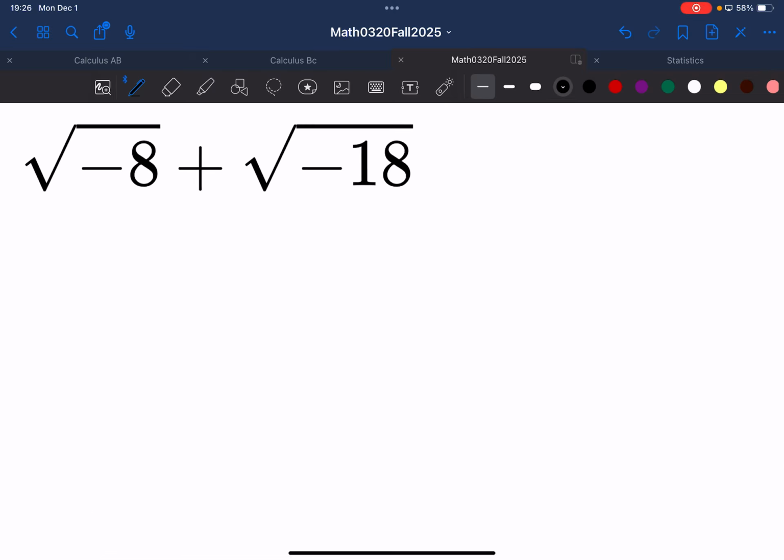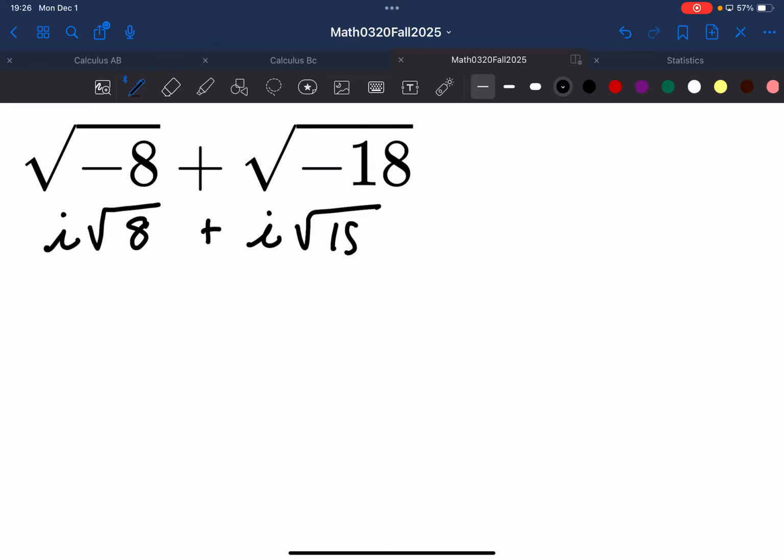Okay, so in order for us to add these, we're going to have to do like we did in the very beginning and convert this into an imaginary number. So how would I convert the square root of negative 8? I square root of 8, and then we'll have to do the tree. What about the next one?